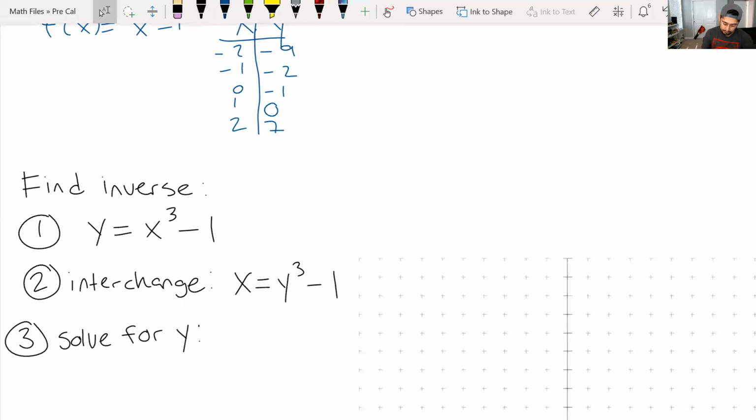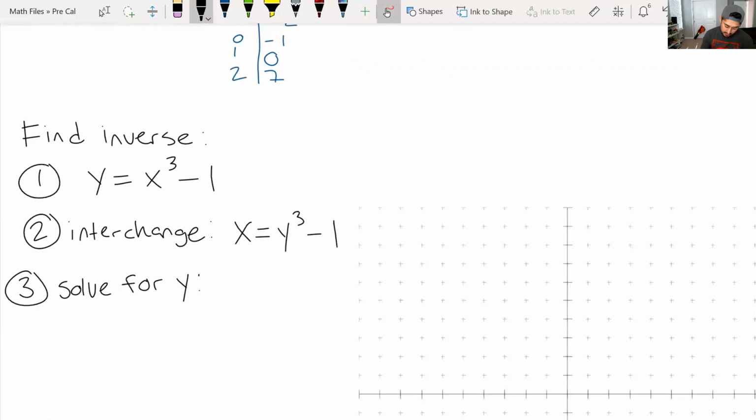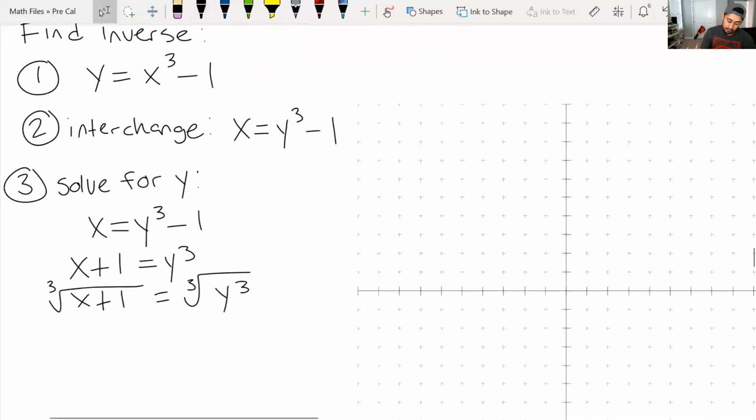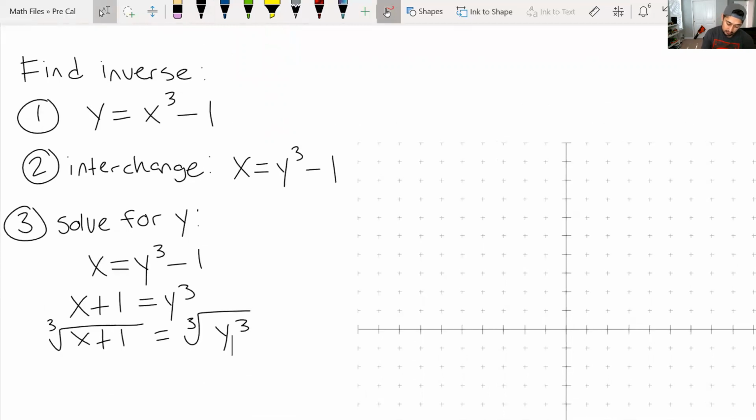Okay. So now I have x equals y cubed minus 1. I add the 1 over. X plus 1 equals y cubed. And then I cube root both sides. And I get the cube root of x plus 1 equal to y.